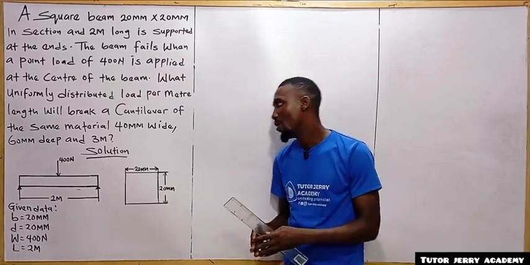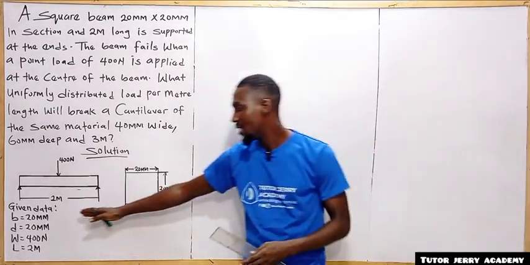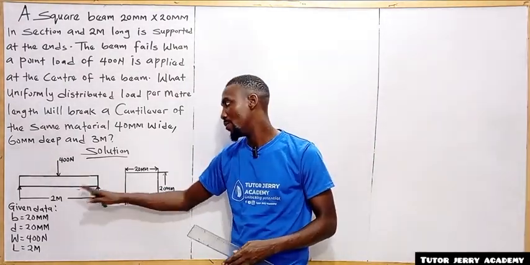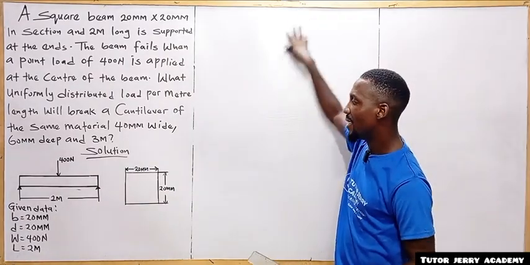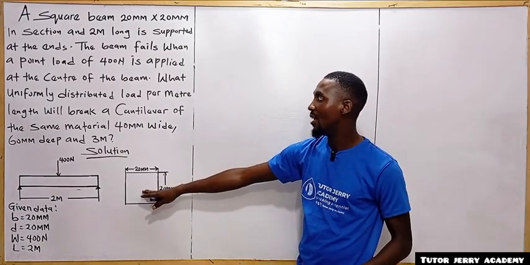So the given data here is for a simply supported beam. I'm still going to be drawing a cantilever beam, and with the section too.